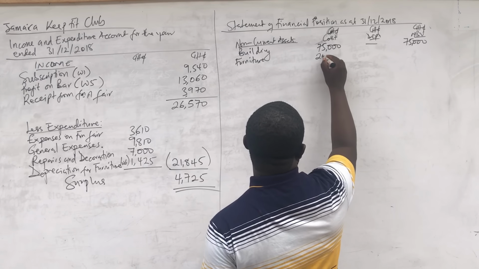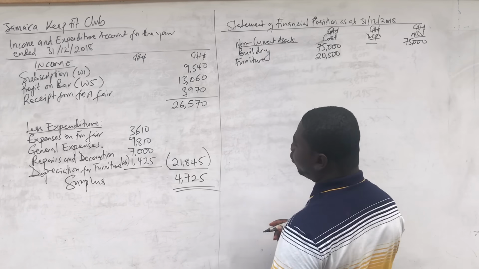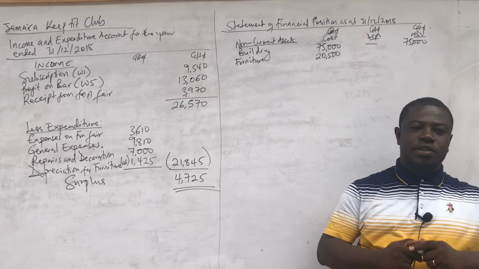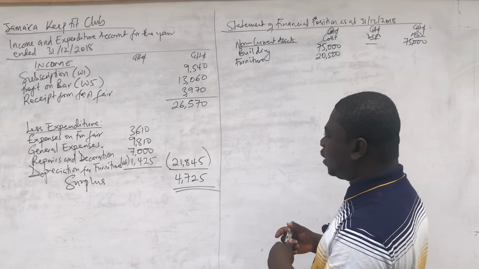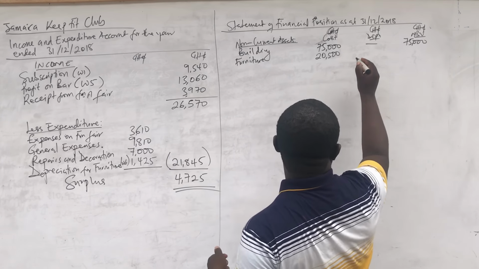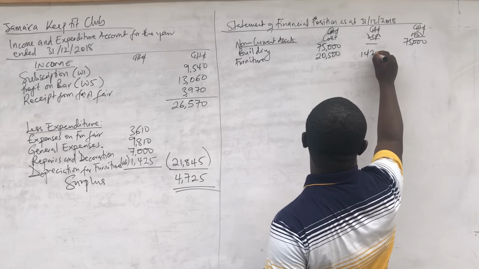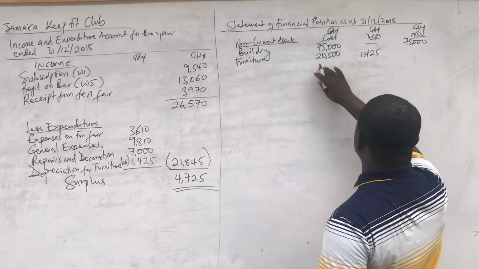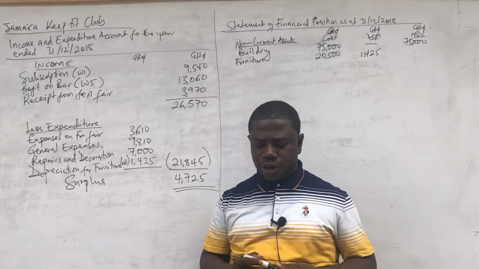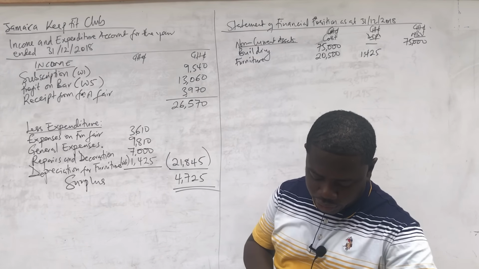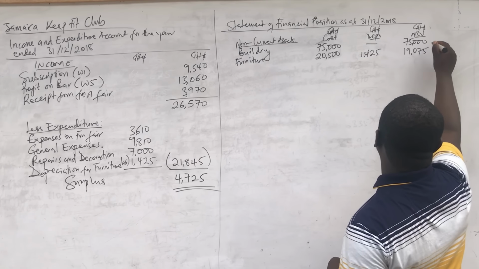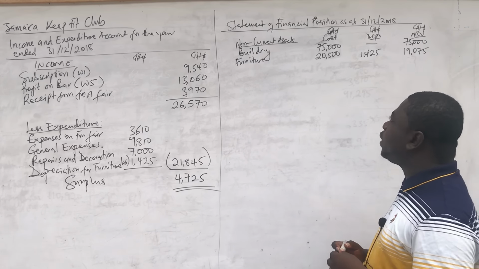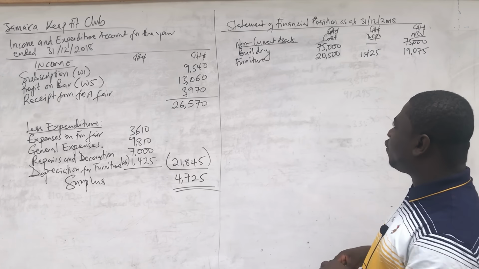The cost at the end should be 20,500. That is when you add the 8,000 to 12,500. And then we had depreciation on furniture of 1,425. So when you subtract 1,425 from the cost, you are getting a net book value of 19,075.